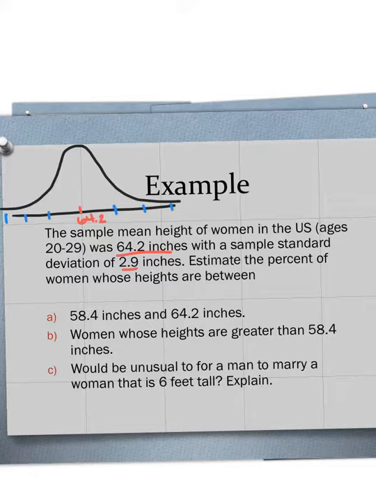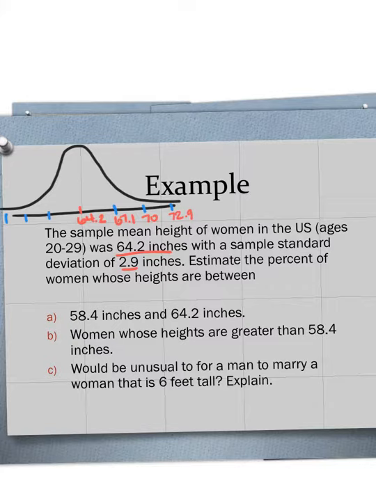So to the right, we're just going to add the 2.9 to 64.2, and we get the next value to the right, 67.1, plus another 2.9, we get 70, plus another 2.9, 72.9. So we go out to the right here with 3 standard deviations, starting at the mean, 64.2, then adding 2.9 and 2.9 and 2.9. To get the left-hand side, we just subtract 2.9.